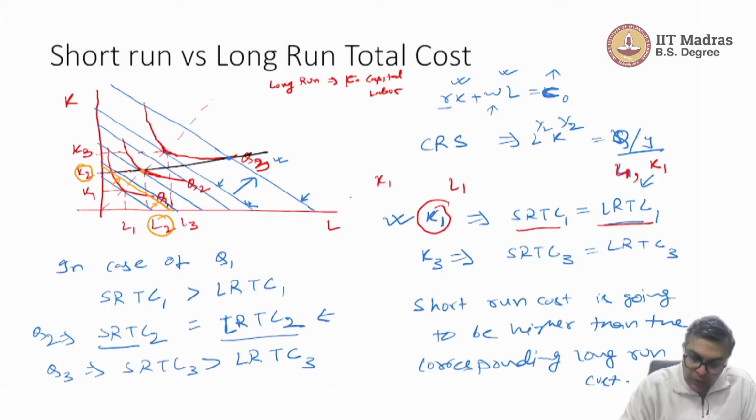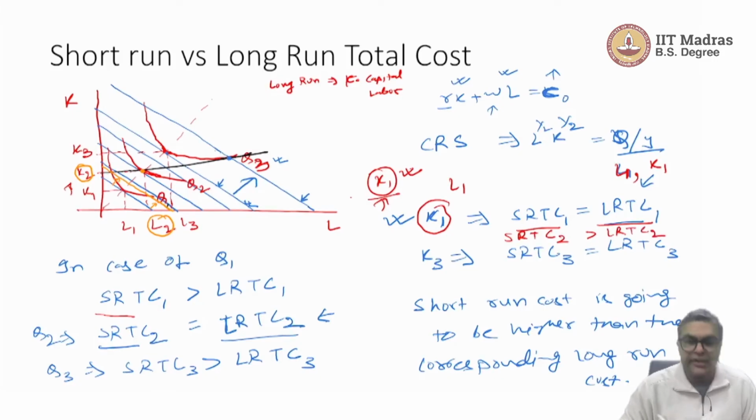But when you have K1 amount of capital and you want to produce Q2 amount of output, K1 is not optimal. You could have used more capital, which would have given you a lower cost. But you are forced, because in the short run you cannot change the capital immediately. So you are forced to use K1, and therefore your short run cost in case of Q2 is going to be higher than your long run total cost in case of Q2.